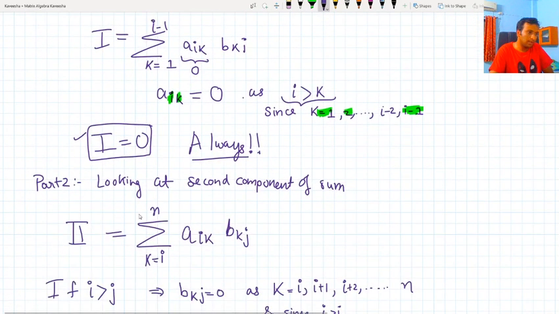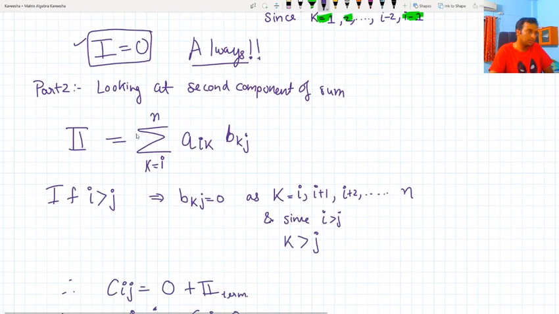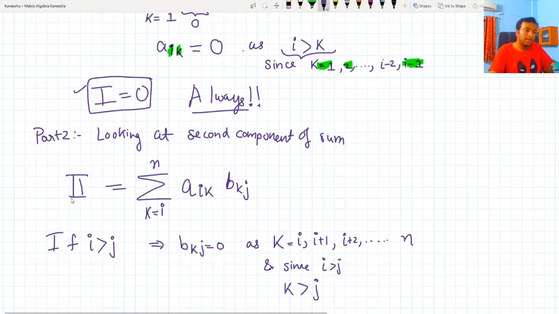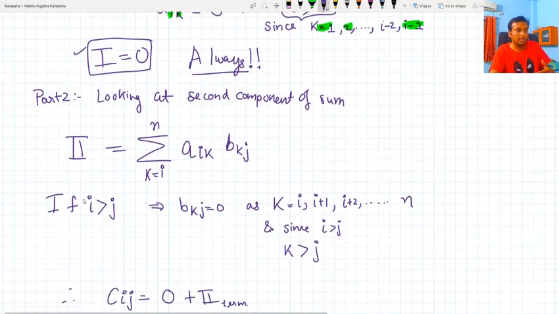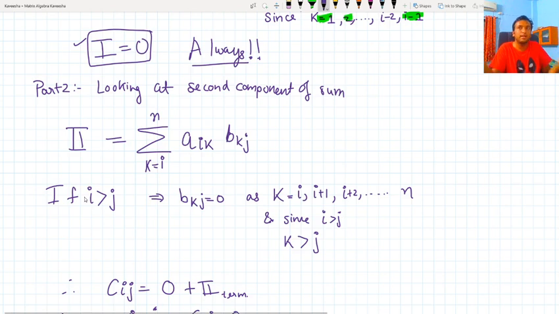So let us look at the second part of the sum, where k runs from i to n. Let us look at the sub case where i is greater than j, because my entire goal is to show that the entry C_ij should be 0 when i is greater than j. So let us examine this second term if i is greater than j.